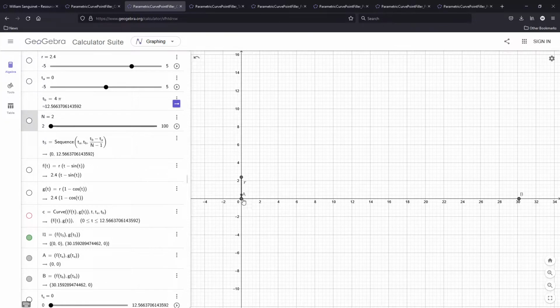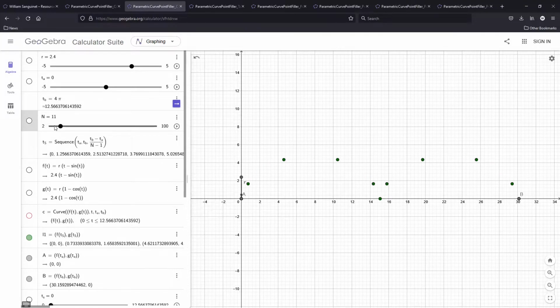This is the first point when t is 0, and the last point when t is 4 pi. If we increase the number of points to 3, we see that these 3 points are on this curve. If I increase to 4, these 4 points will be on the curve, and so on and so forth. And so this is what we're seeing as we increase the number of points that we're sampling on this curve.